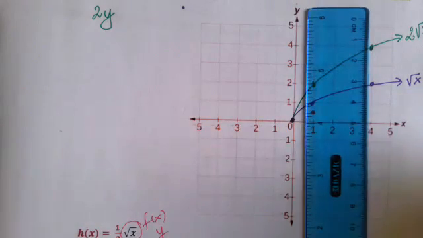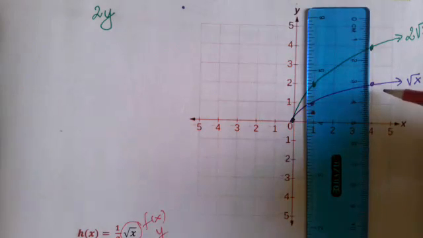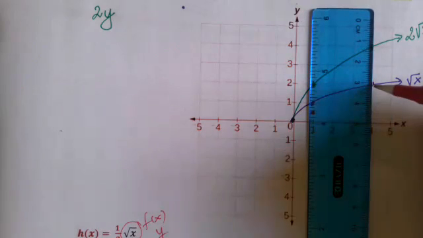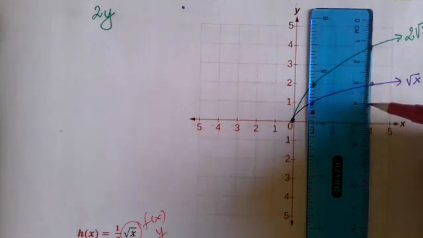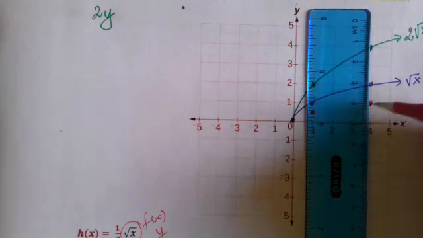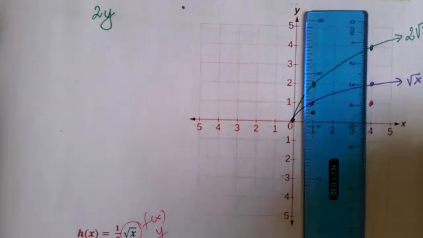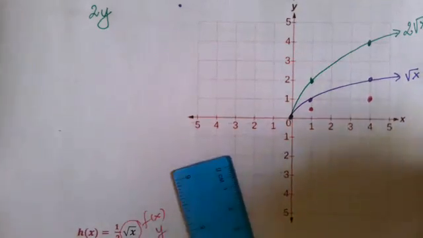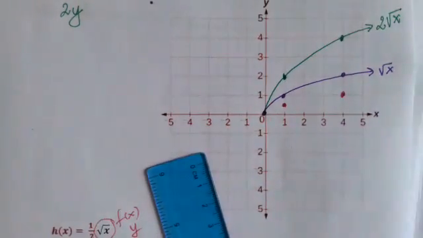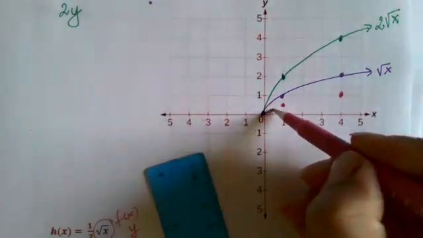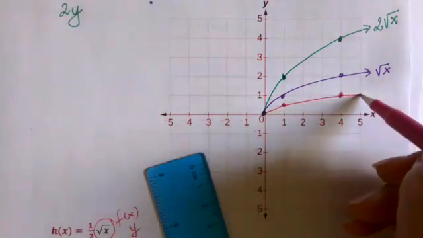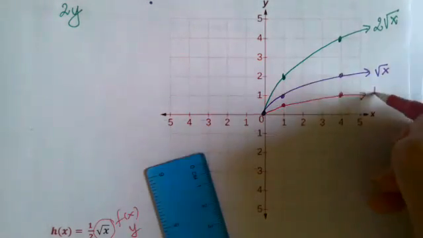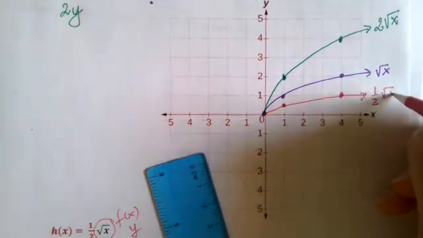The next one has a y coordinate of 2. 2 times 1/2 is 1, or 2 divided by 2 is 1. There are our 3 points. And there's our sketch of the graph of 1/2 square root of x.